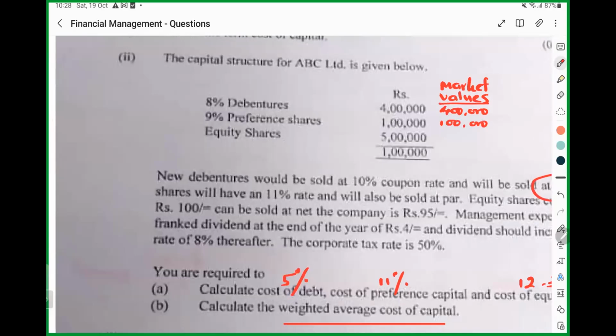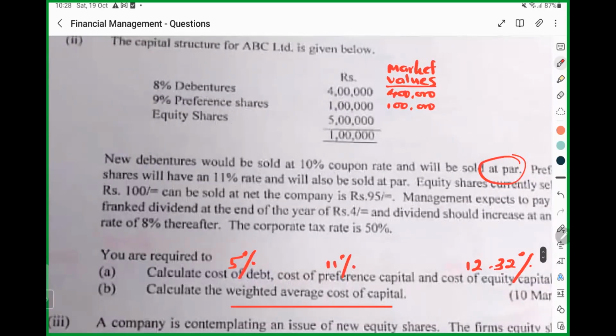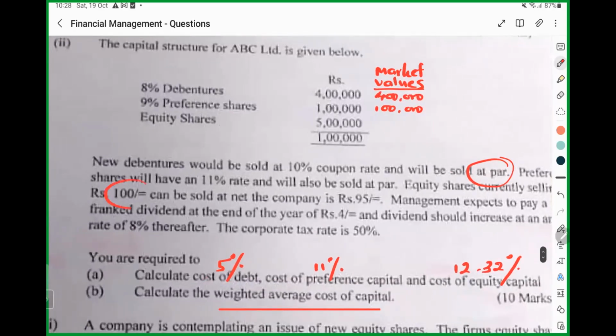For equity shares, we know the current price per share is 100. But we don't know the number of equity shares. If the number of equity shares were given, you could multiply it by the current price 100 to get the market value.